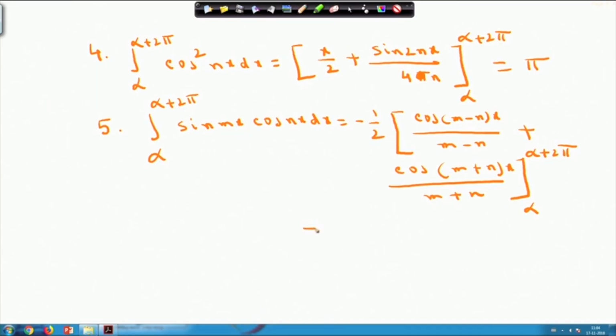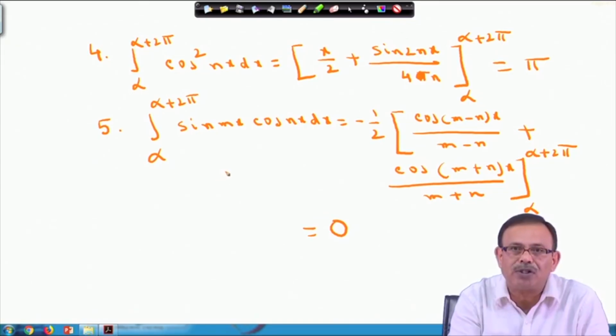If you evaluate the limit over here, you will get the value as 0. Therefore, the integral of sin mx cos nx dx from alpha to alpha plus 2 pi is equal to 0.